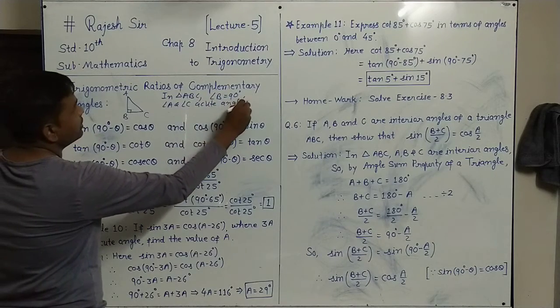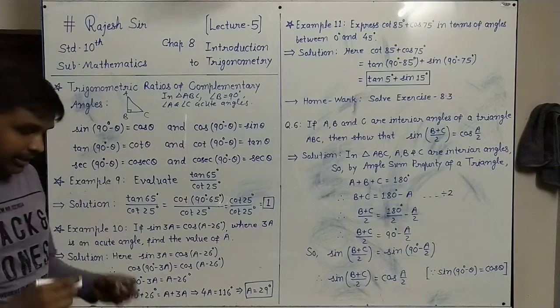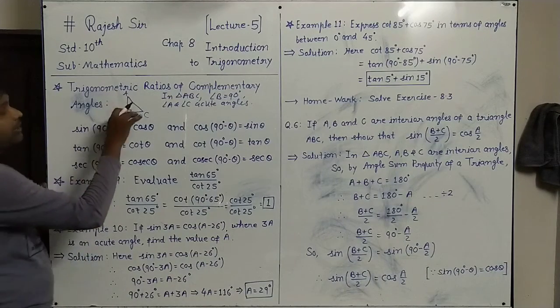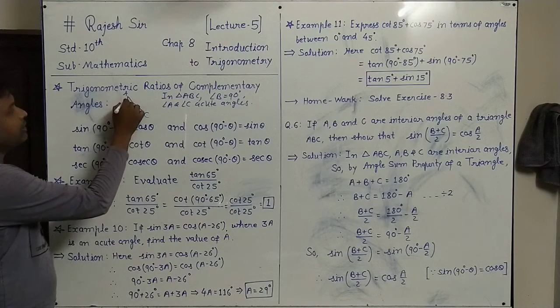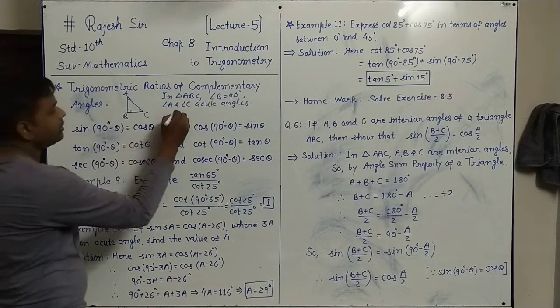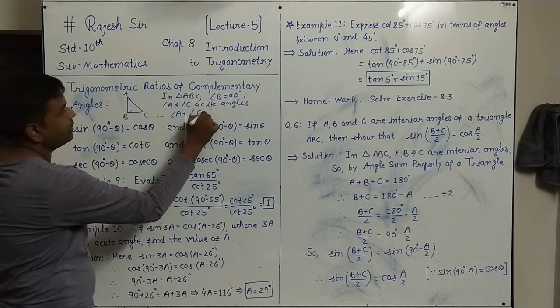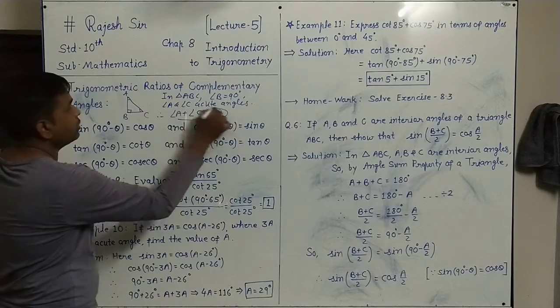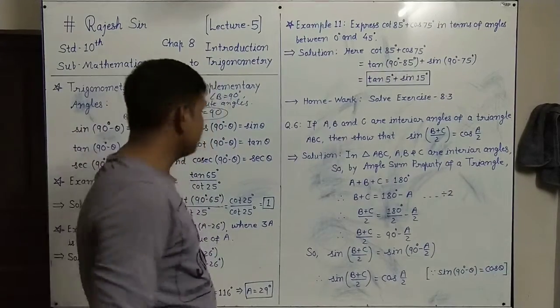As you know from the angle sum property of a triangle, all three angles sum to 180 degrees. So one angle is 90 degrees, and the remaining two angles, angle A plus angle C, will make 90 degrees. So angle A and angle C are called complementary angles.